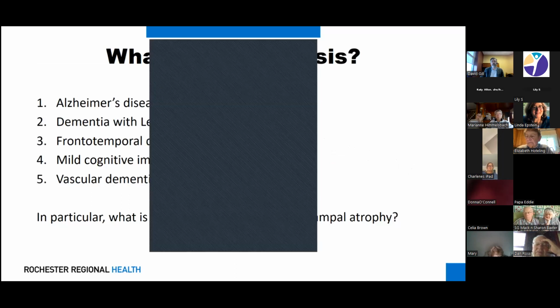Your job is to figure out what the cause of dementia is. All right, so I'll let you take a few minutes and think about it.